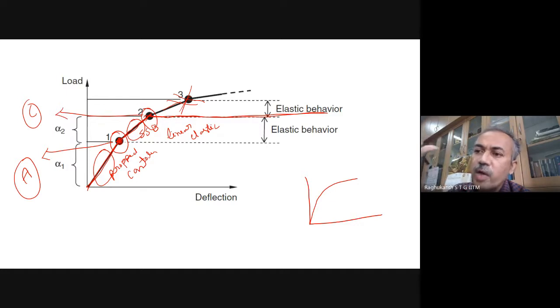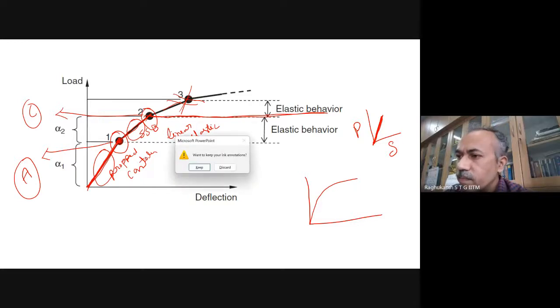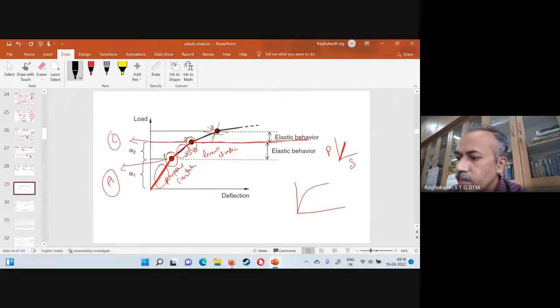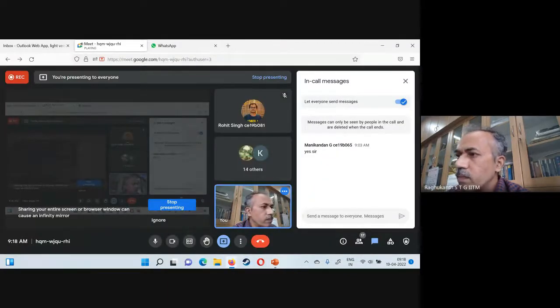In a load versus deflection diagram, when you draw it, the slope of the curve will give you something. So what does the slope indicate?